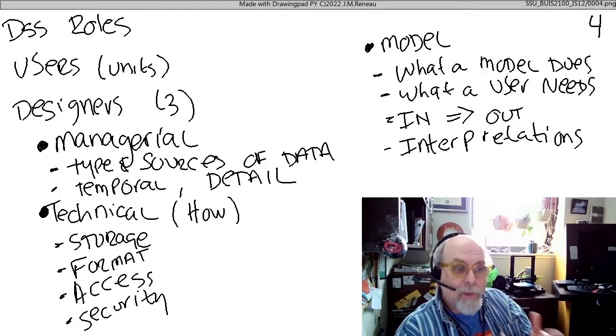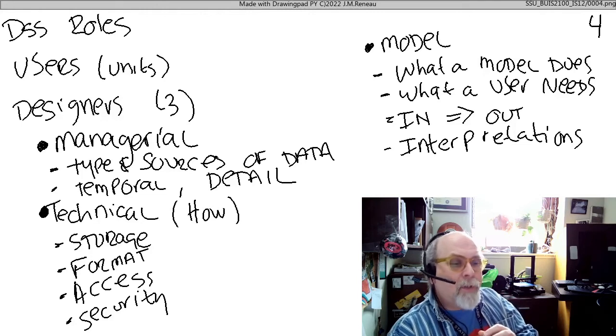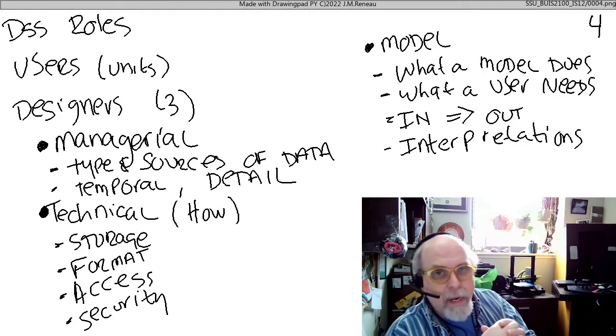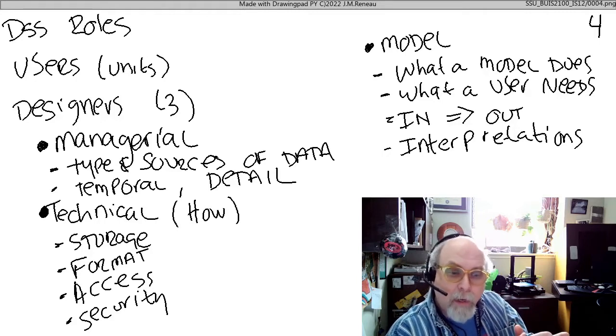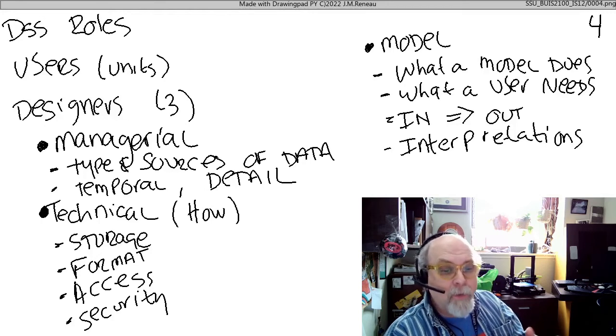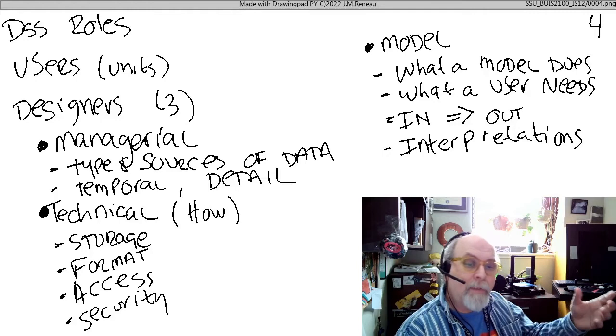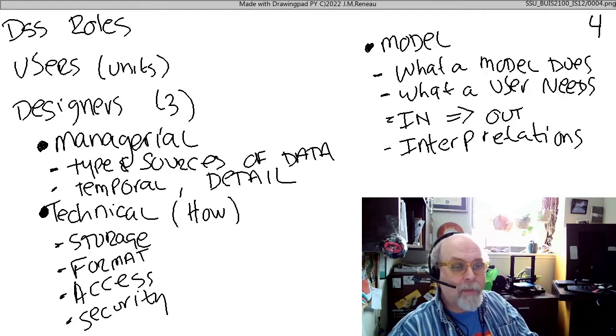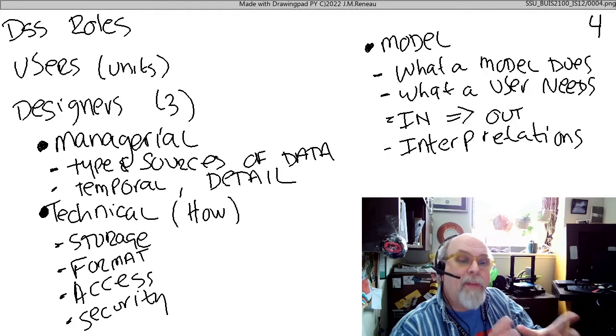The internal data, the external data, they're the ones that have the data to feed in the system. They also understand the temporal nature of the data. And when I talk about temporal nature, I'm talking about the time of data. For instance, if we're forecasting, our forecasts are often based upon dates in the future that are based upon times and cycles of business that we've seen in the past. So the detail and time basis of the data management should know to help us design that part of the decision support system.